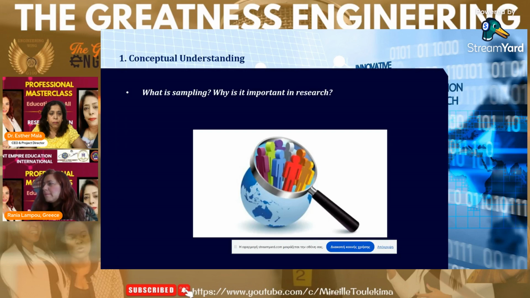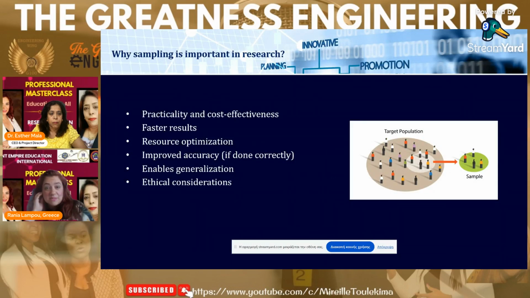So, why is sampling important in research? Because studying an entire population is often expensive, time consuming, or impossible. Sampling allows researchers to gather data more efficiently. A smaller group means data can be collected and analyzed more quickly, enabling faster decision making, so faster results. It saves resources such as time, manpower, and equipment, so we talk about resource optimization.